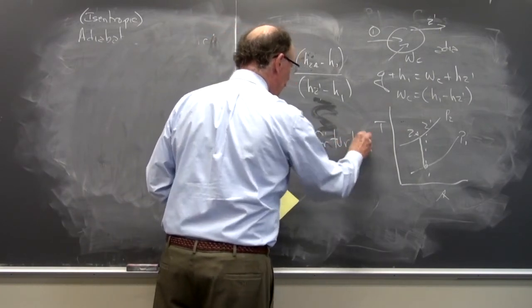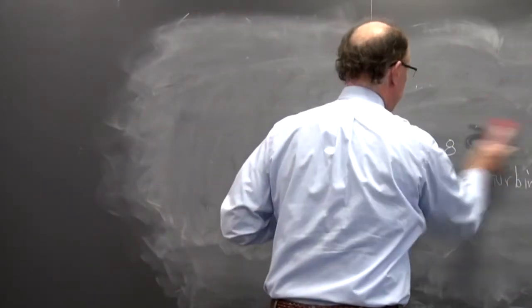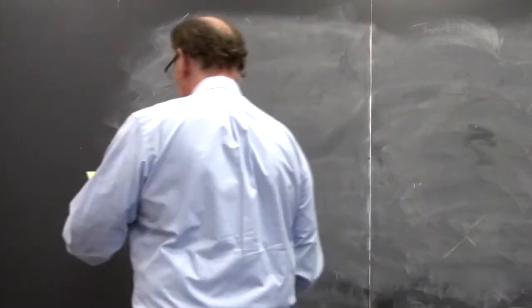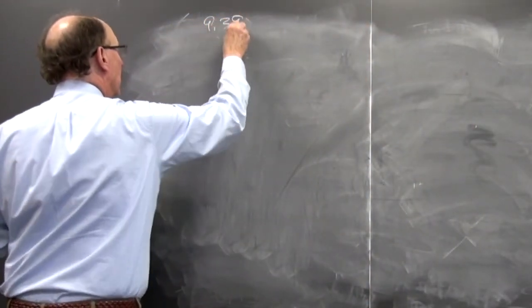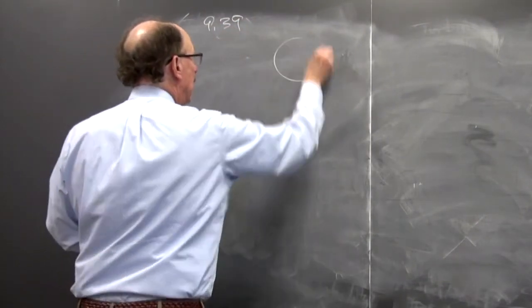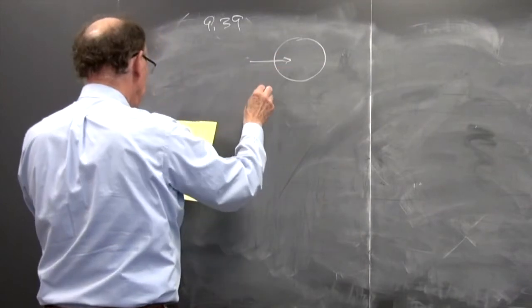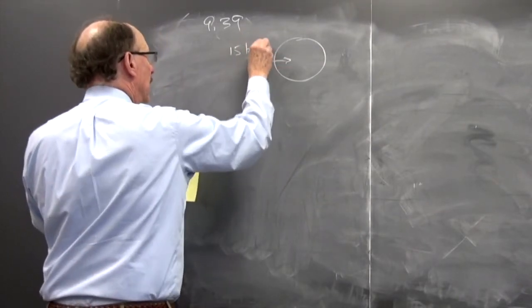We'll do an example problem for a compressor, and this is problem 9.39. So we're going to have a compressor. It's going to be an air compressor. It's going to receive 15 kilograms per second of air.